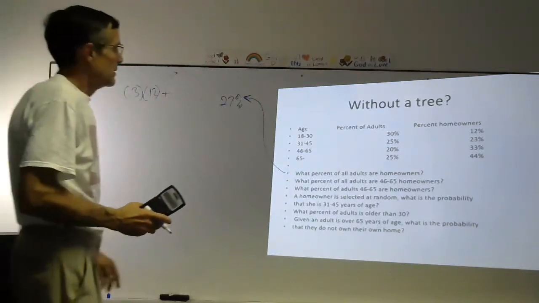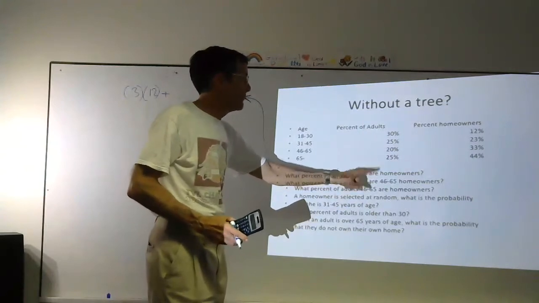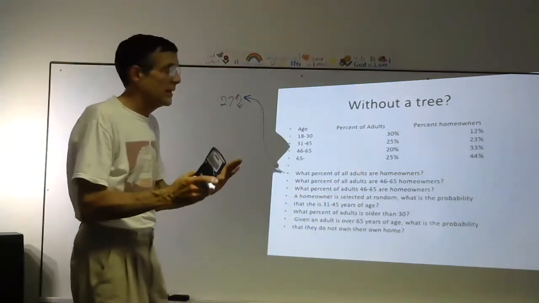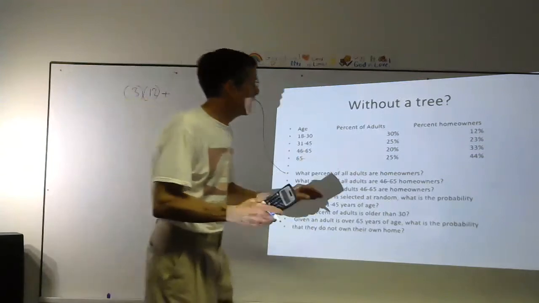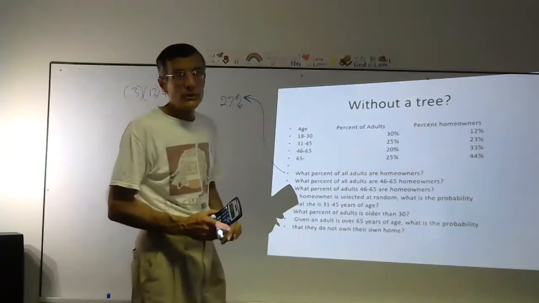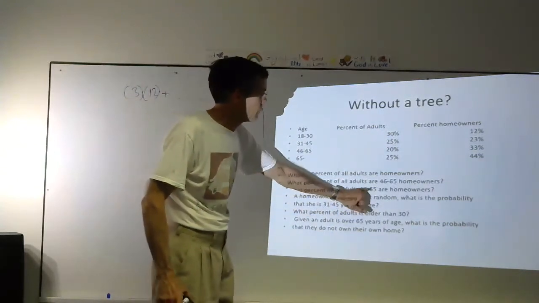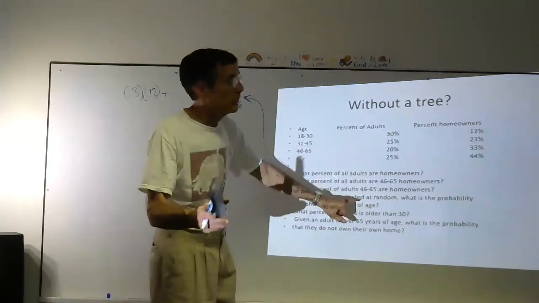What percent of all adults are 46 to 65 homeowners? Now, be very careful. This did not say what percentage of this group is homeowners. If it said that, like down here, what percent of adults 46 to 65 are homeowners?